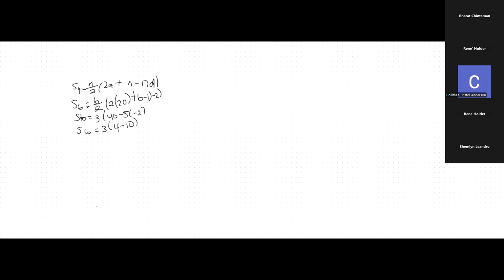So S6 equals 3. This is 3. Sorry, this is 40. 3 times, you wonder how I derived a 3. 3 times 30, which will give us S6. The sum of the first six terms will be 90.